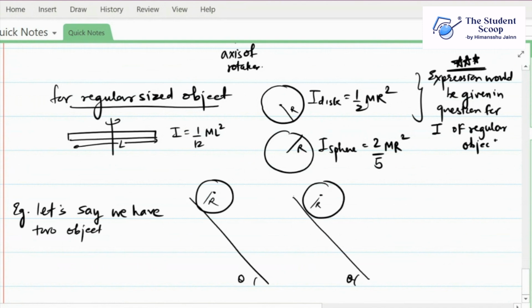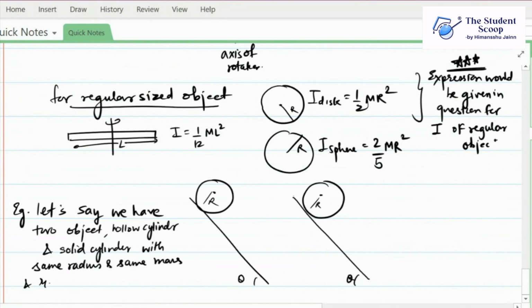So we have one hollow cylinder and one solid cylinder with the same radius and the same mass, released from the same height.